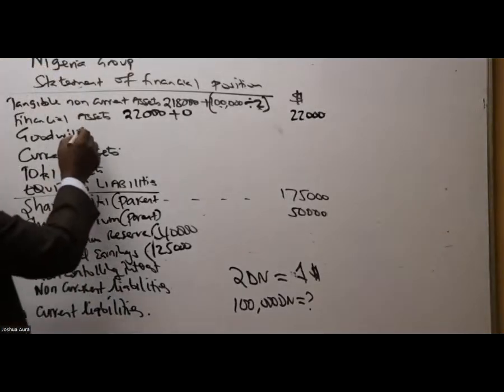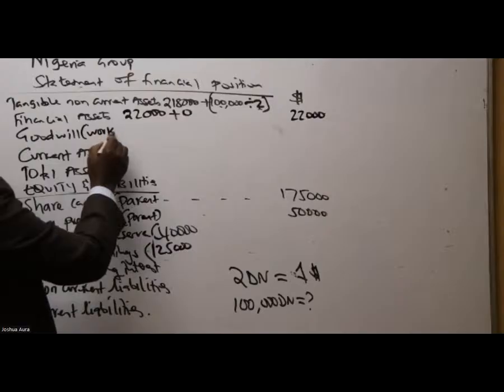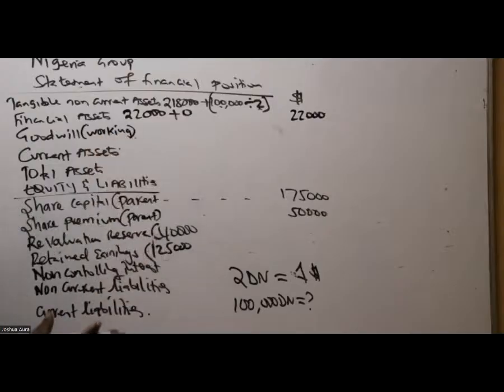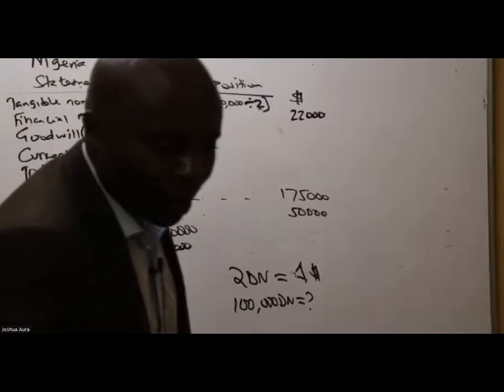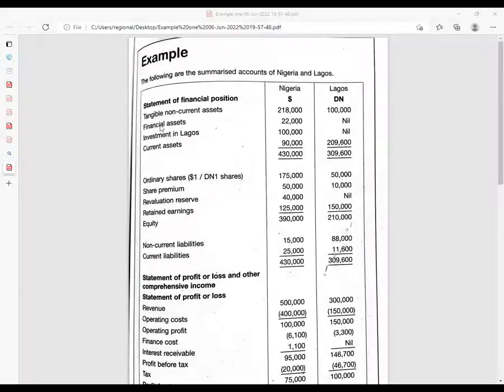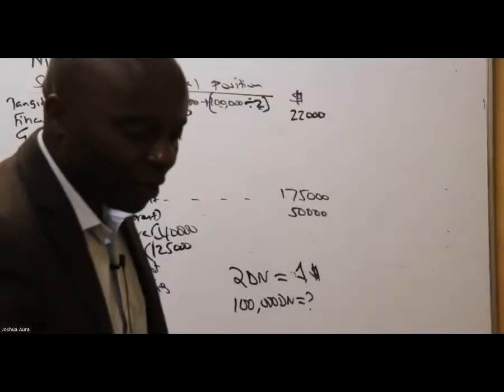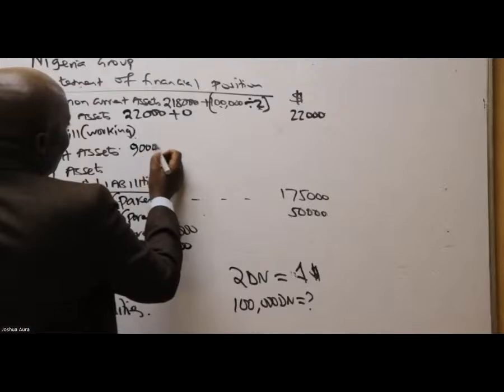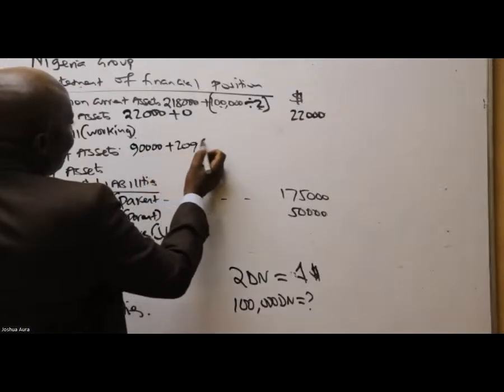Goodwill, of course, we need a working for this. I'll be doing the working later. Now go to the current assets and combine them. I can see 90,000 plus 209,600.